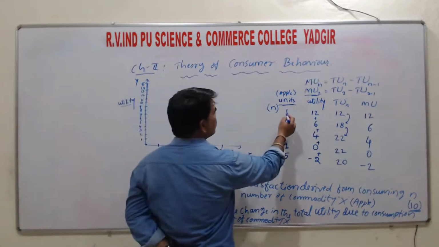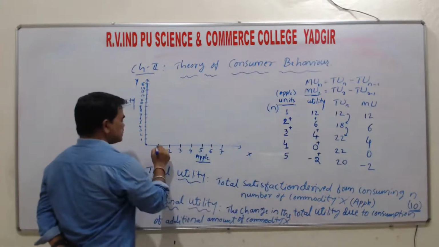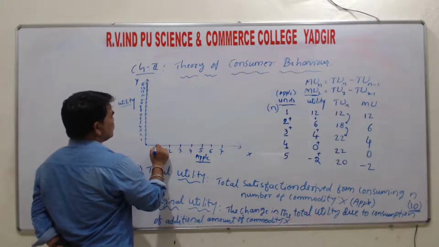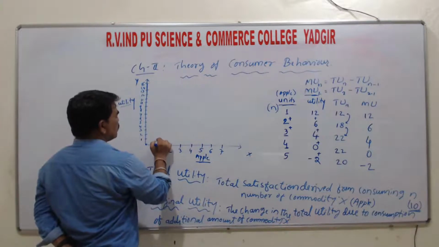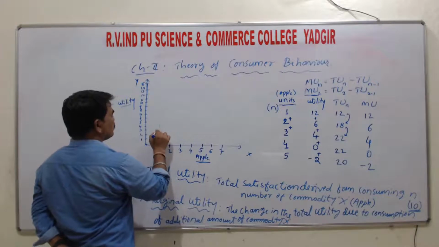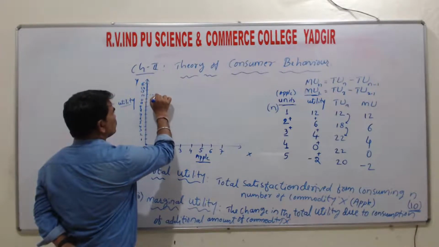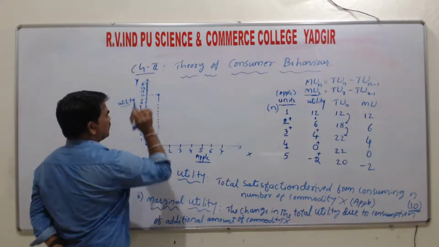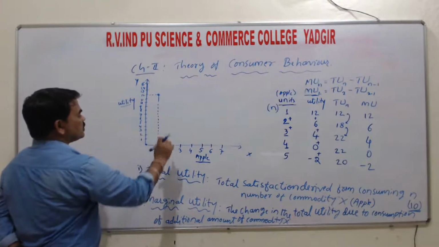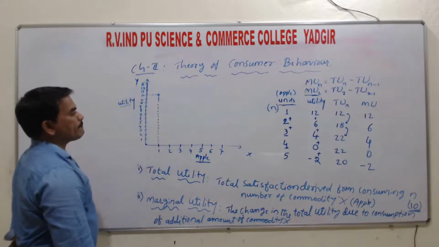So when I consume the first apple, my utility is 12, right? So for the first apple, it is 12. Here we have a point. So when I consume the first apple, my utility is 12 units.